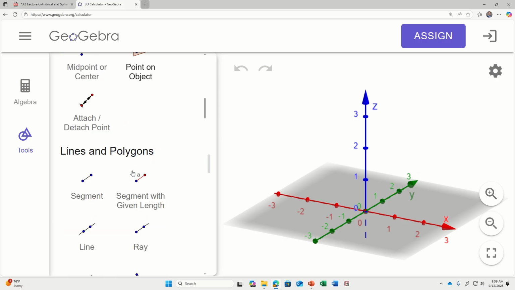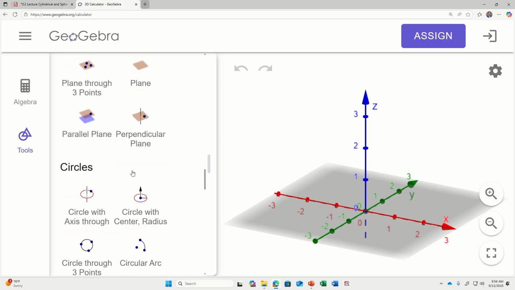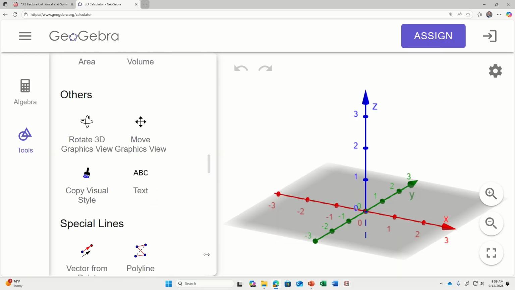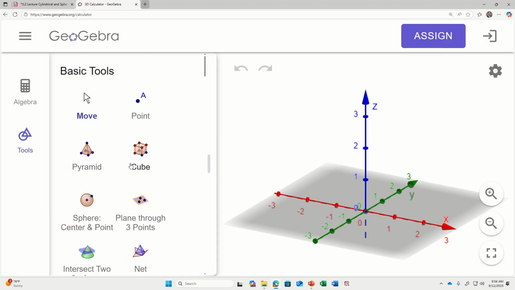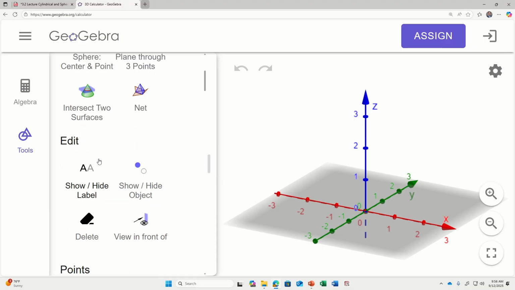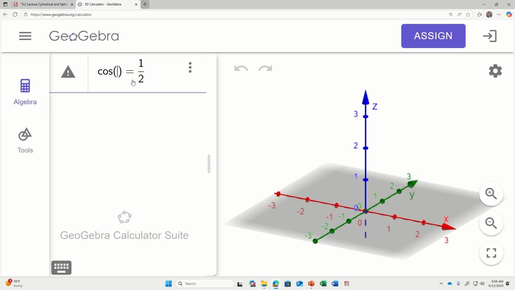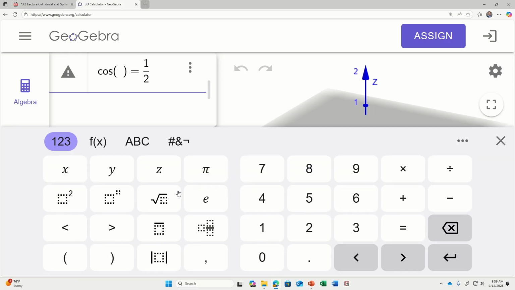But I'm not immediately seeing anything for cylindrical coordinates. And I thought if I typed in theta, it would just give me the variable theta, but nope. Okay. Or maybe it's this, is it the keyboard? There's got to be a theta on this keyboard.